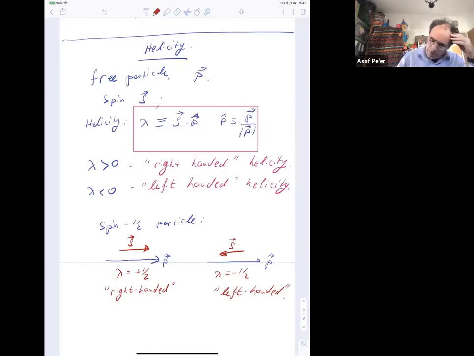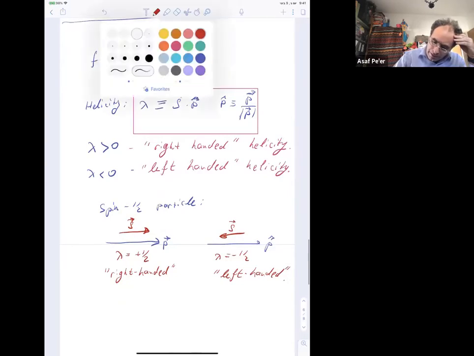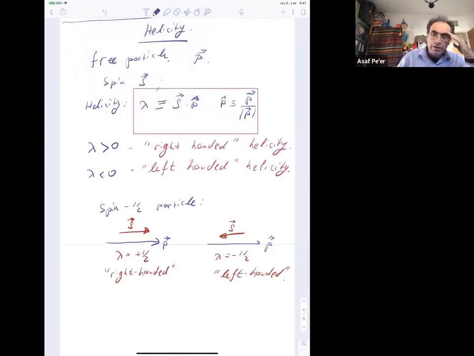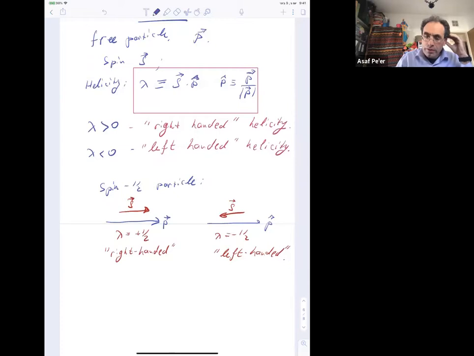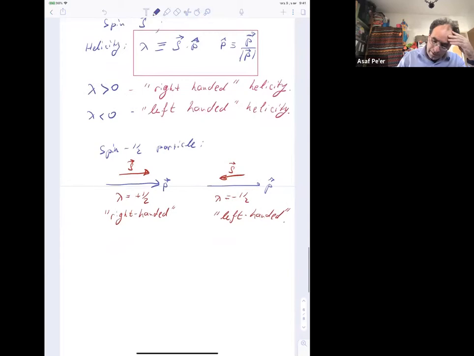Right. So helicity is not chirality. We discussed chirality as well, at least we mentioned it. It's another property of fermions. Now the helicity operator commutes with the Hamiltonian, which means that the helicity is conserved.